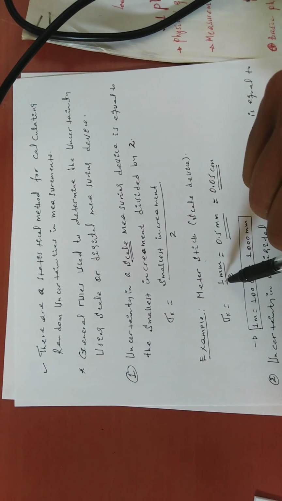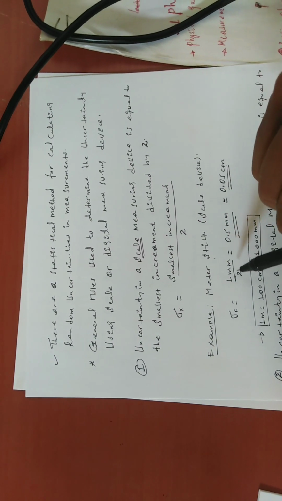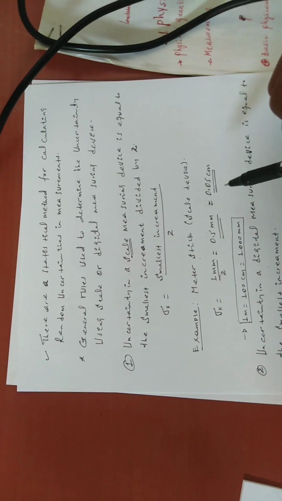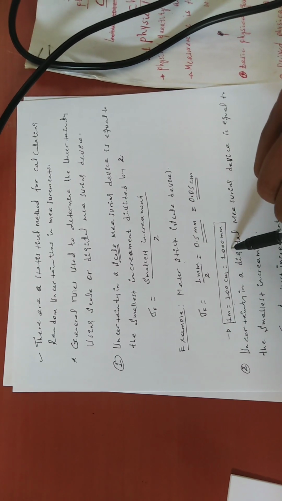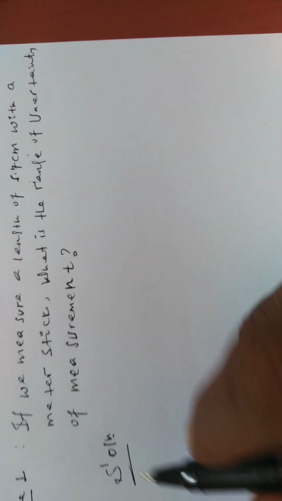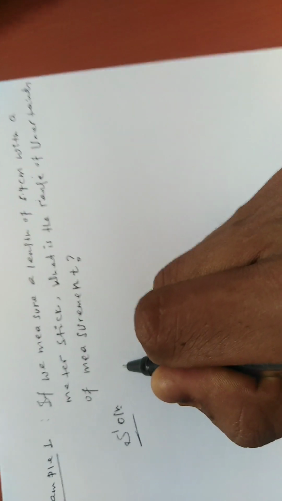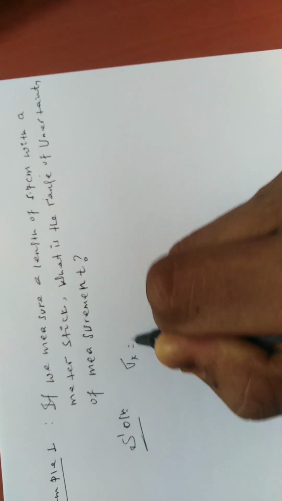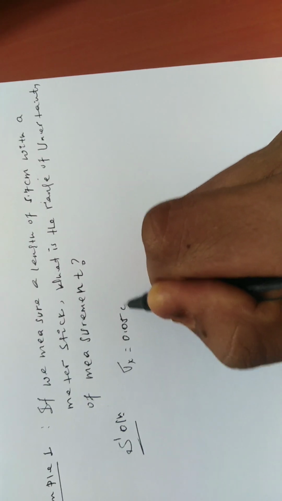The smallest increment is 1 millimeter divided by 2, 0.5 millimeter. When we convert to centimeter using this relation, it is 0.05 centimeter. So the uncertainty in a scale measuring device is 0.05 centimeter.